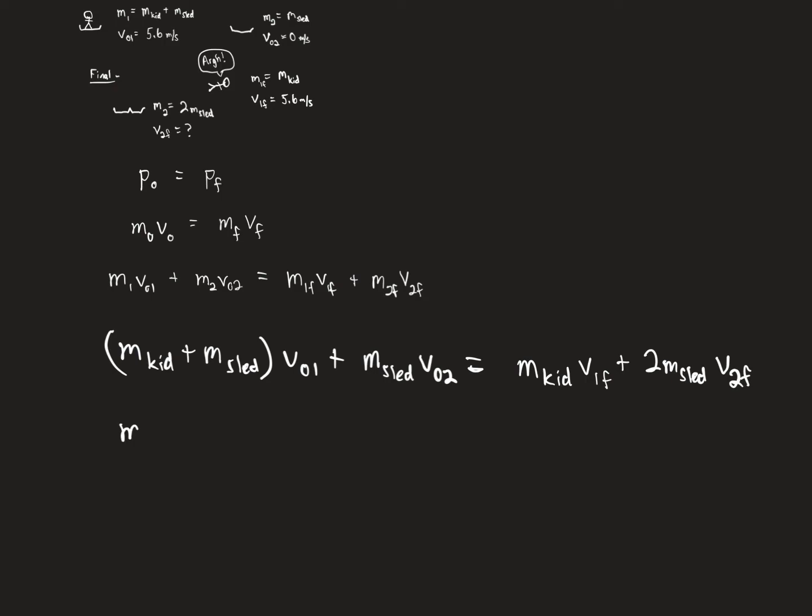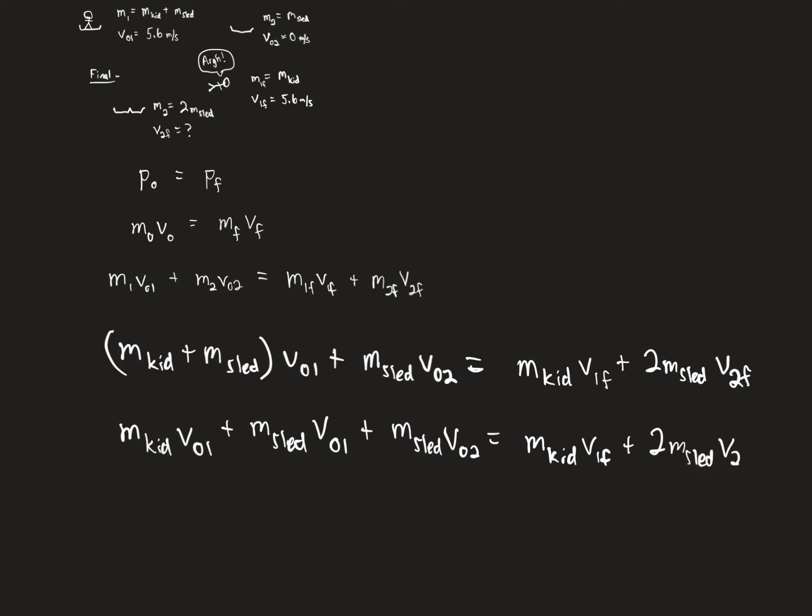So I'm going to have mass kid times V initial 1 plus mass sled times V initial 1 plus mass sled times V initial 2. So that's everything that's happening at the beginning. And then that's going to be equal to mass of the kid times the final velocity of the kid plus 2 times the mass of the sled times the final velocity of the sled.